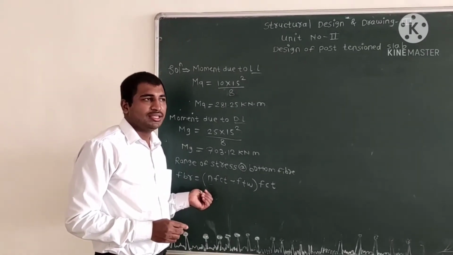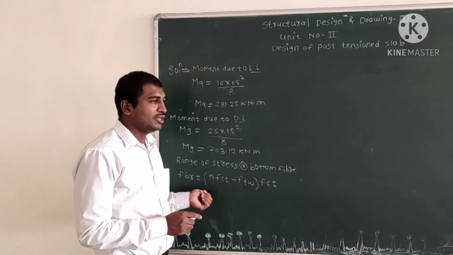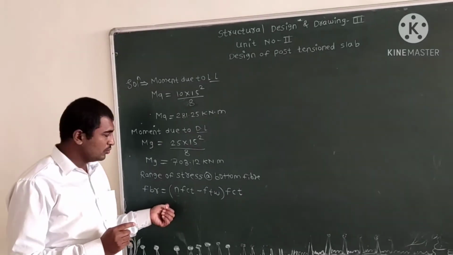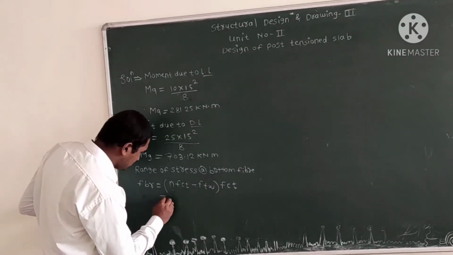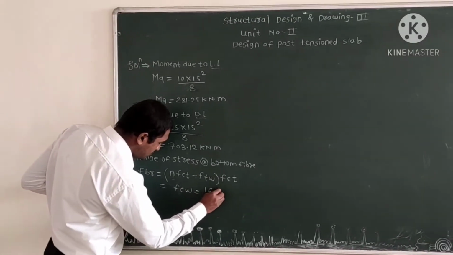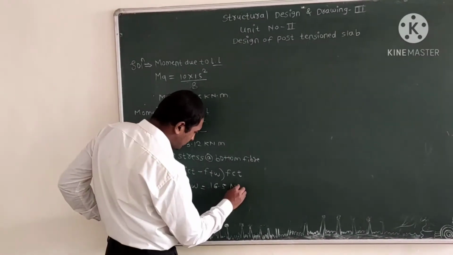Use the IS code and calculator in the design subject in examination. FCT minus FTW into FCT is equal to FCW, 16.5 Newton per mm square.